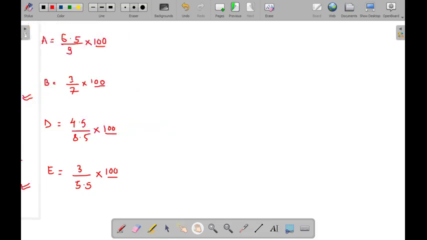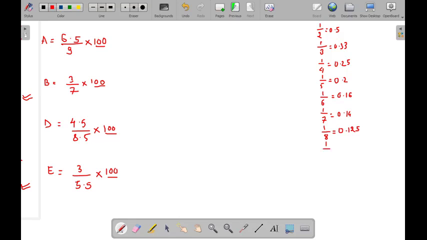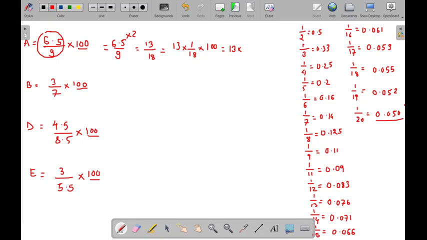Pay attention, to deal with fractions, there are some values I request you to write. 1 by 2 is 0.5, 1 by 3 is 0.33, 1 by 4 is 0.25, 1 by 5 is 0.2, 1 by 6 is 0.16, 1 by 7 is 0.14, 1 by 8 is 0.125, 1 by 9 is 0.11, 1 by 18 is 0.055, into 100.